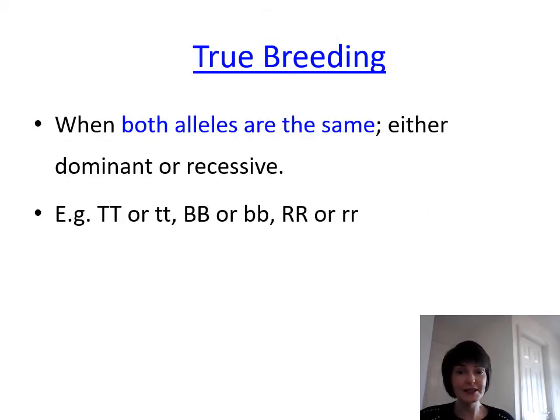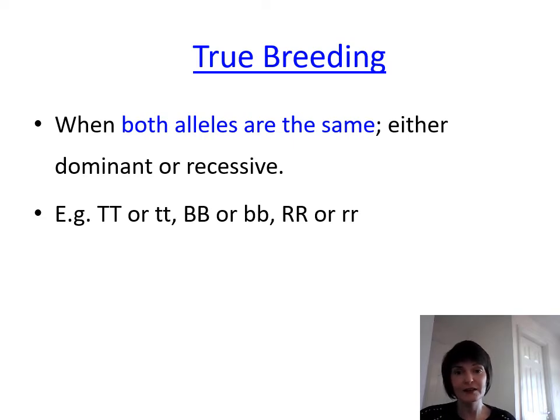If you're true breeding, then both alleles are the same. You're either two dominant alleles or you're two recessive alleles. And I've given you a few examples there of genotypes. Hopefully you've recognised the examples: big T, or wee t, or big B, or wee b, or big R, or wee r.